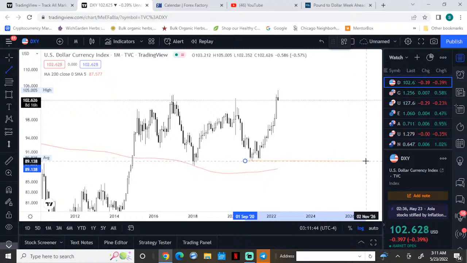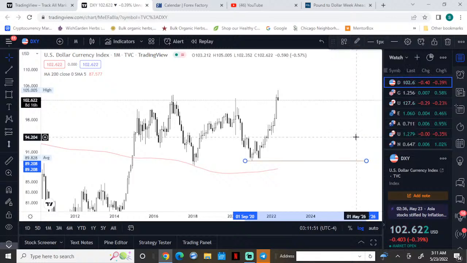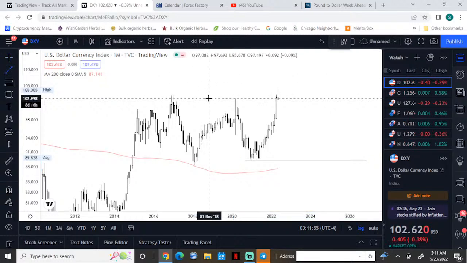All right, here we go. And I'm just gonna come up here. I have all my trend lines color coded. We're gonna go to monthly. And as you can see, this high was from March the 20th, and then the most recent from April the 1st.